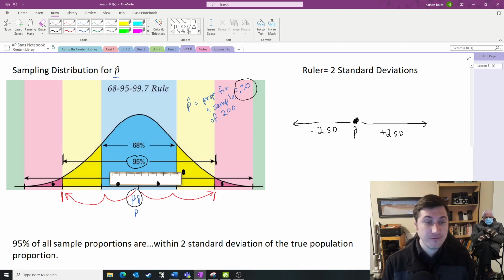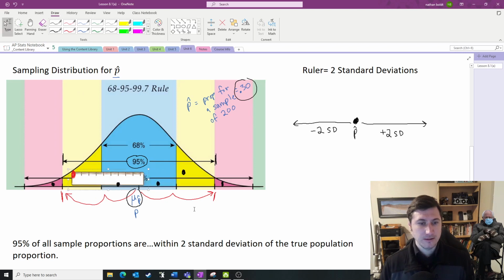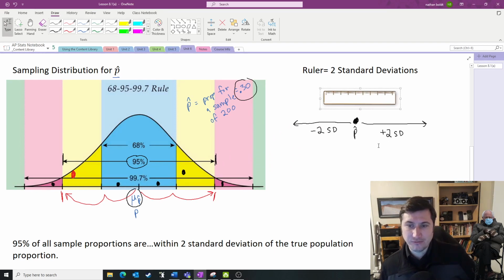There's a 95% chance of something happening like that. Now, it could be way over here, too. If I put my ruler right there, I'm still within the 2 standard deviation ruler of the middle. All right, that will happen 95% of the time.